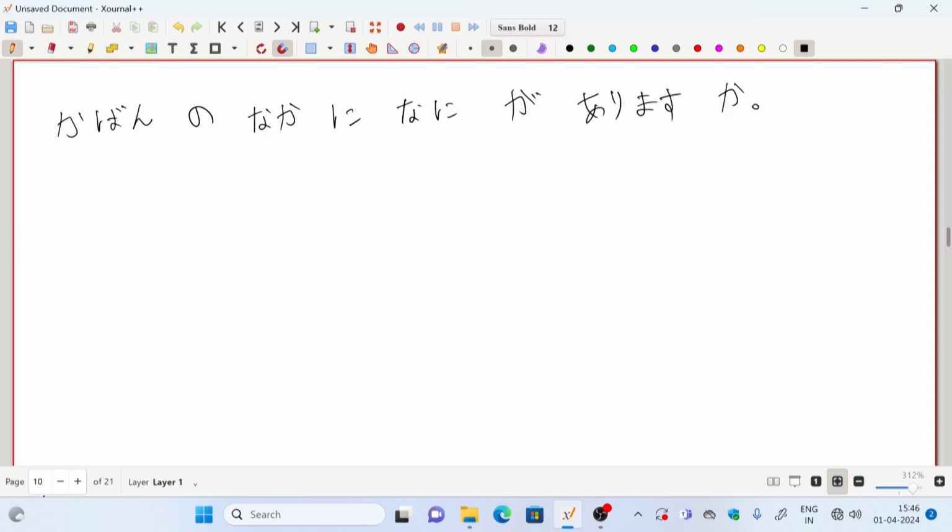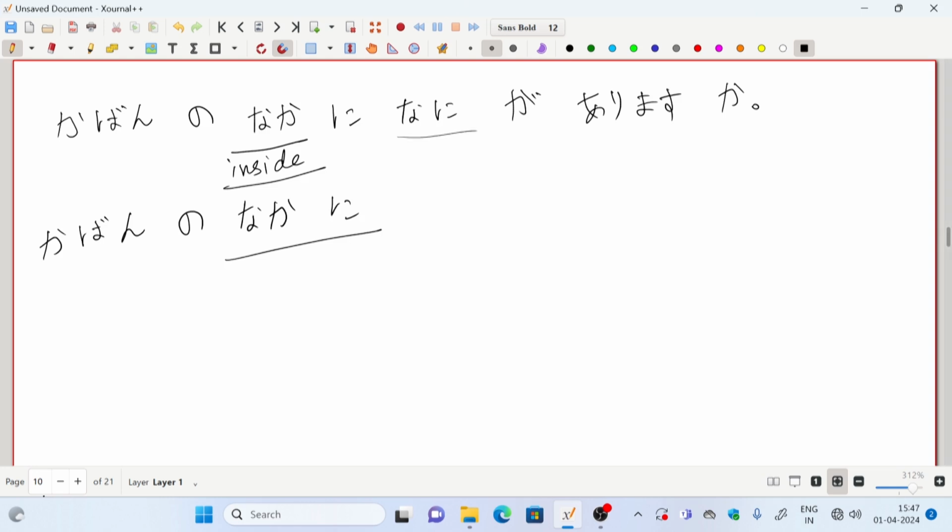And we want to reply. There is phone, there is key, there is some other book. So kaban no naka, which means inside, ni. Kaban no naka ni.